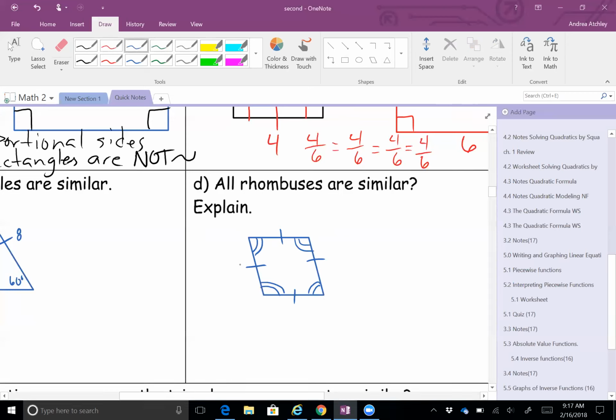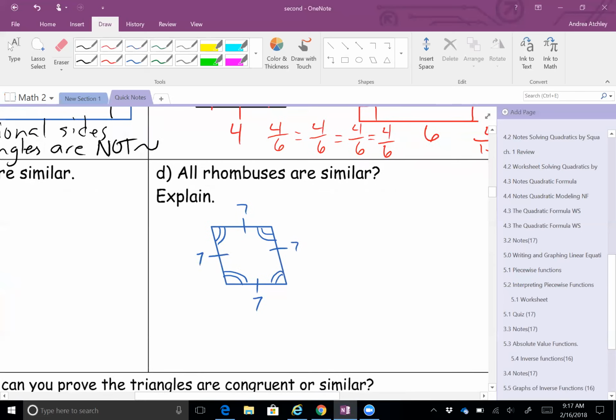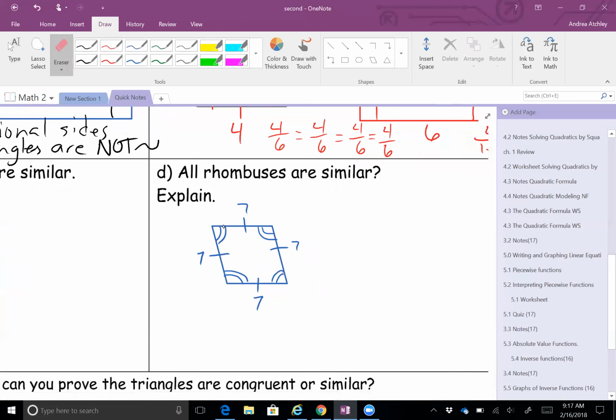So we can have the side length of, I'm going to put 7. Oopsie, I just made that wrong. I put too many little congruency marks there. Fix that, you guys. This one is congruent to this one. They're not all congruent to each other. Opposite angles are congruent.